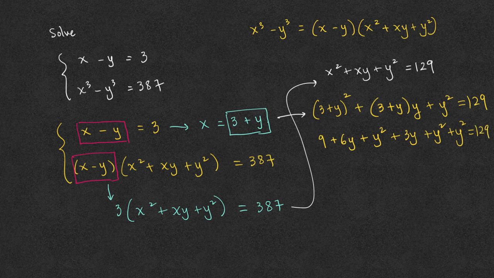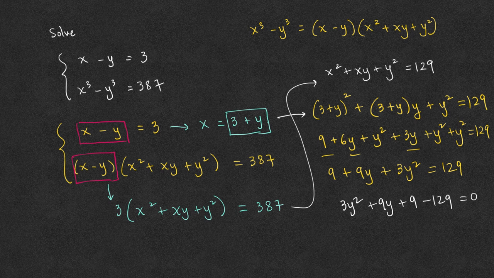Combine like terms, we have 9 plus 9y plus 3y squared equals 129. This is a quadratic, so we will zero this out. 3y squared plus 9y plus 9 minus 129 equals 0. So we have 3y squared plus 9y minus 120 equals 0.